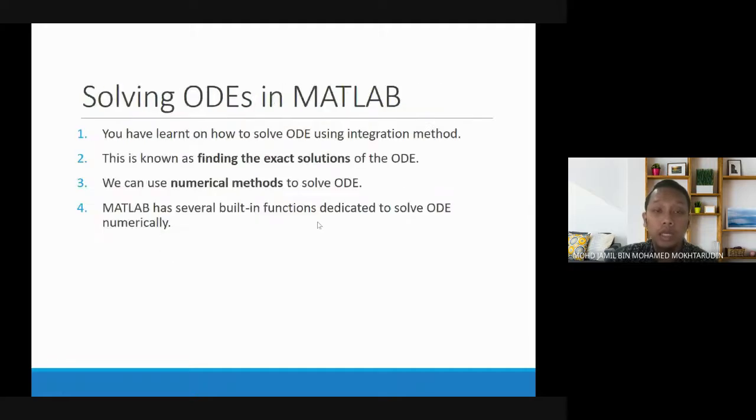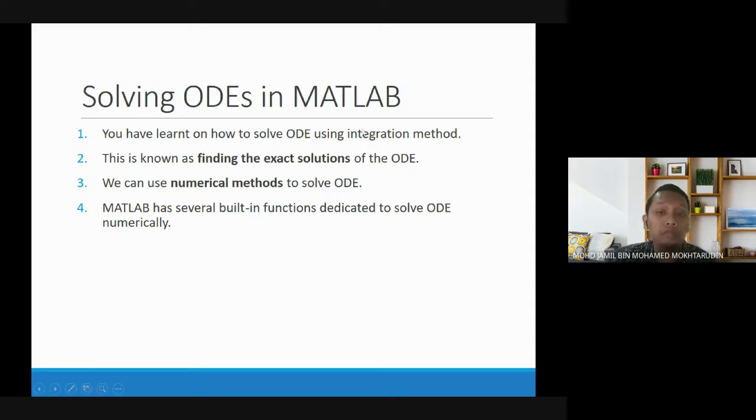The purpose of this lecture is to solve ODE in Matlab. In subjects like ODE and AC finite element, you solve ODE using the integration method, meaning that you solve it manually by hand.